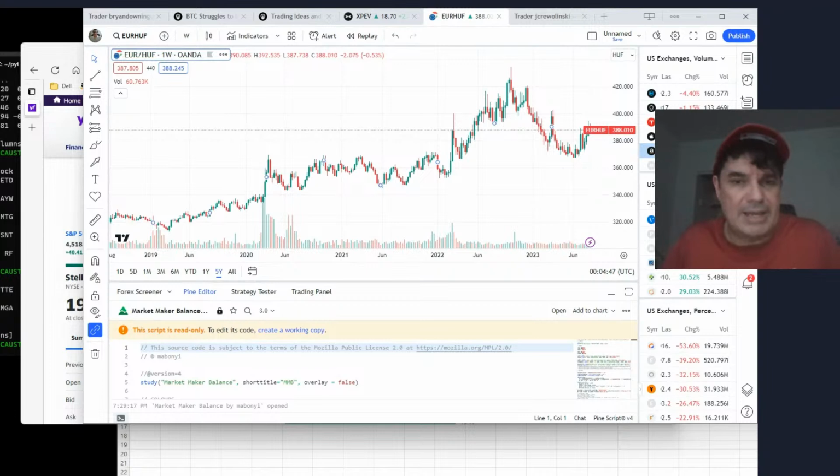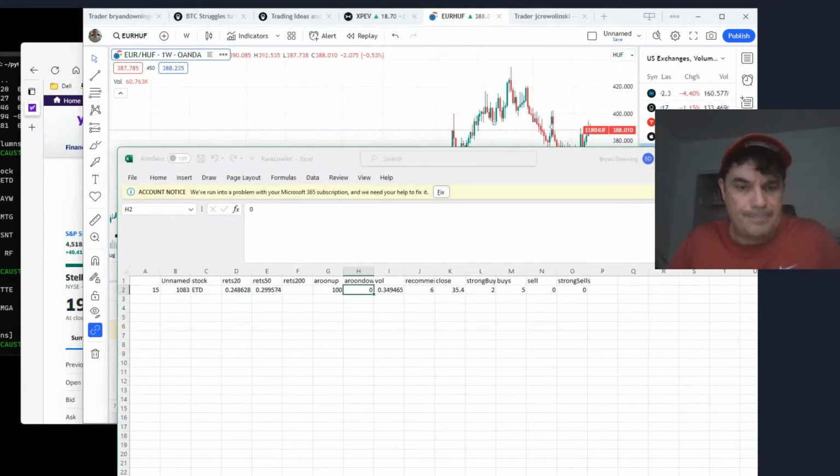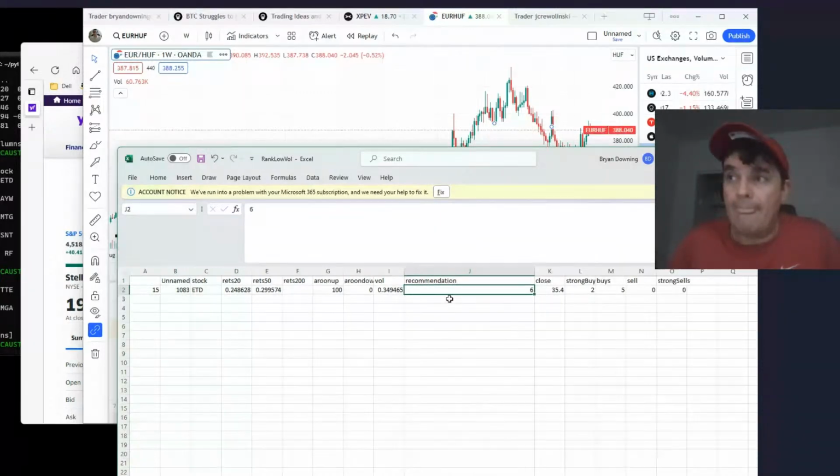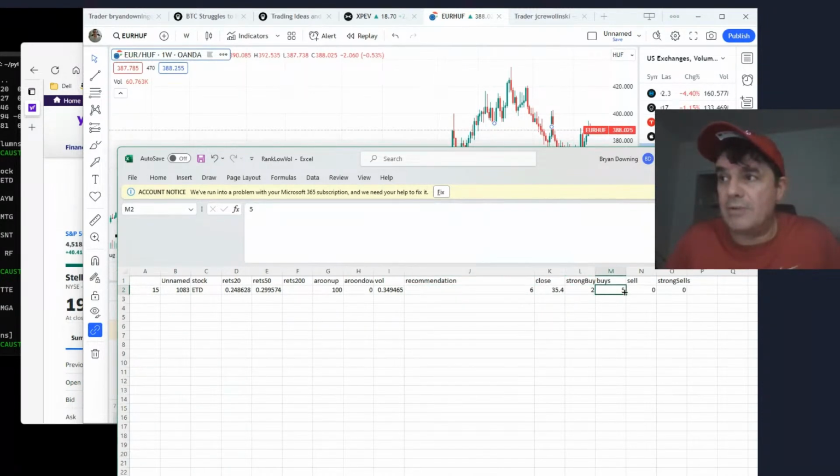And that's the other thing I like about what I've got in those spreadsheets I've shown you. Right here, the recommendations, that's from institutional analysts. So that's a rating supplied by Yahoo Finance. And these right here are very important. Strong buy and buy, again, from institutional analysts.